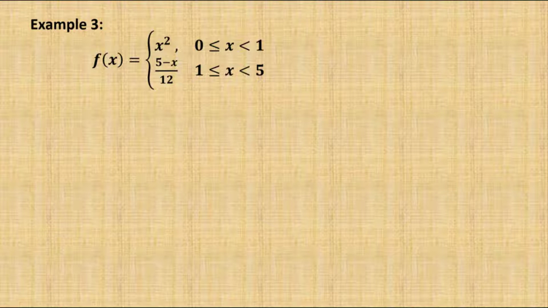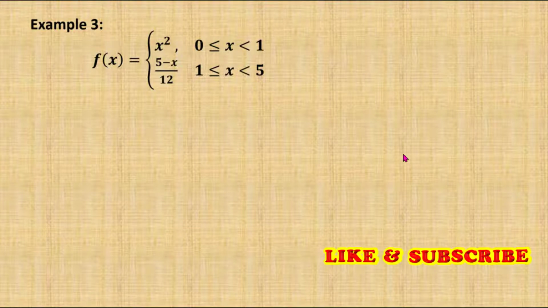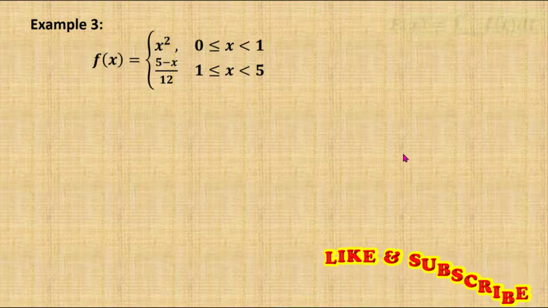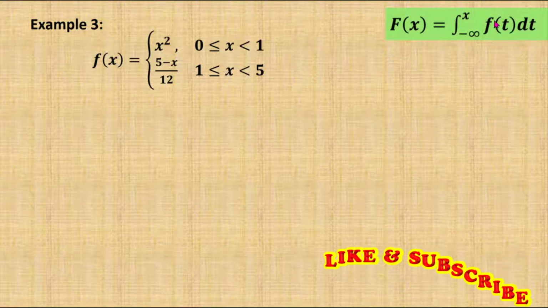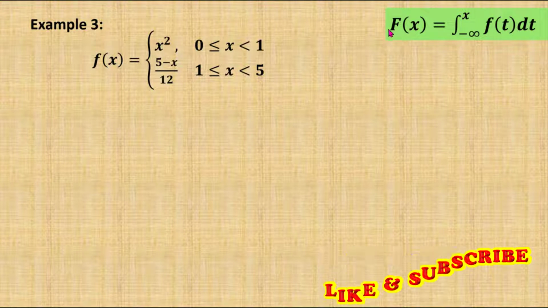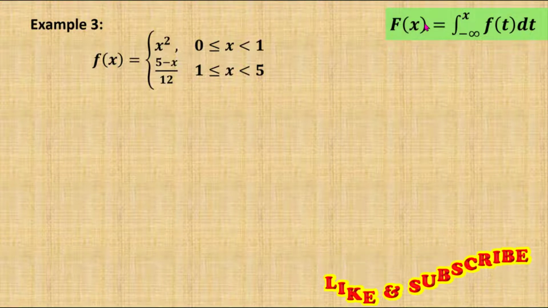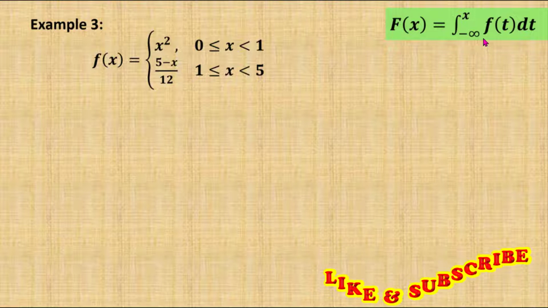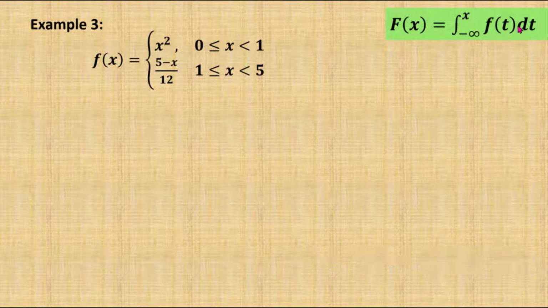This also can be done for the cumulative distribution function. For a continuous random variable x, with its probability density function f of t, the cumulative distribution function F of x is equal to the area under the curve of f of t up to the value of x.